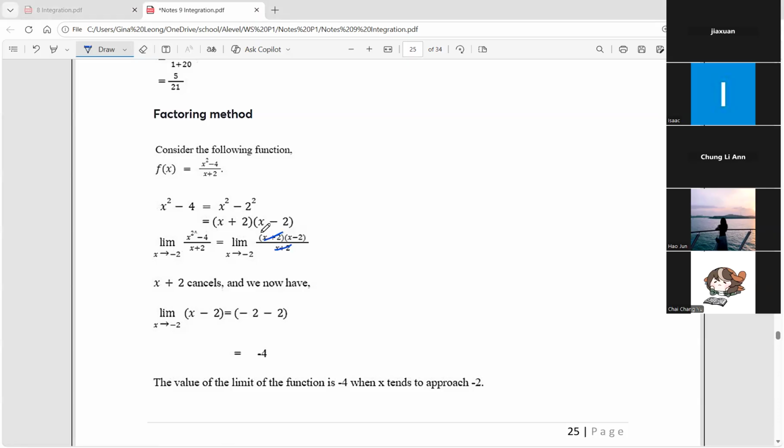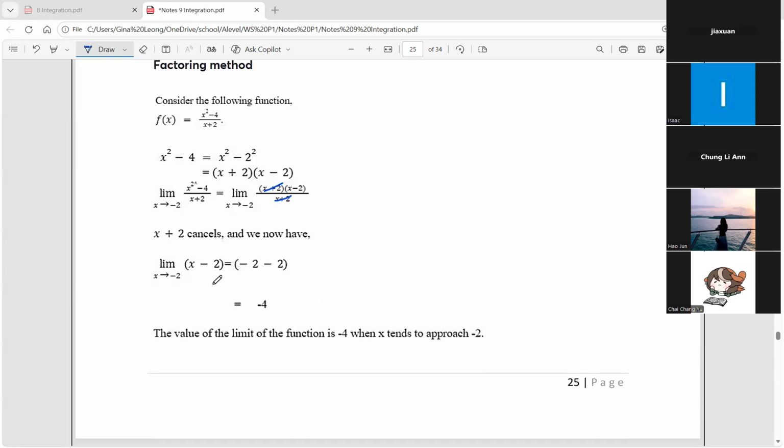Once you cancel these two, what I get is this. Limit x approaches -2, this one you don't change. I follow whatever they give you. Then for x minus 2, you put the -2 inside here. So -2, you get -4. Meaning that the limit for this function is -4. It cannot go further. That is your limit.